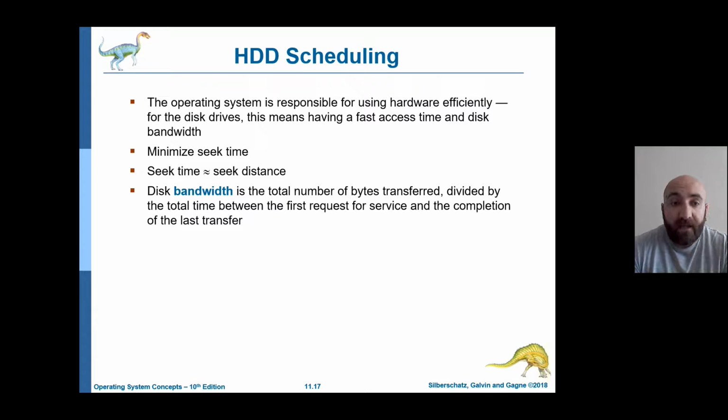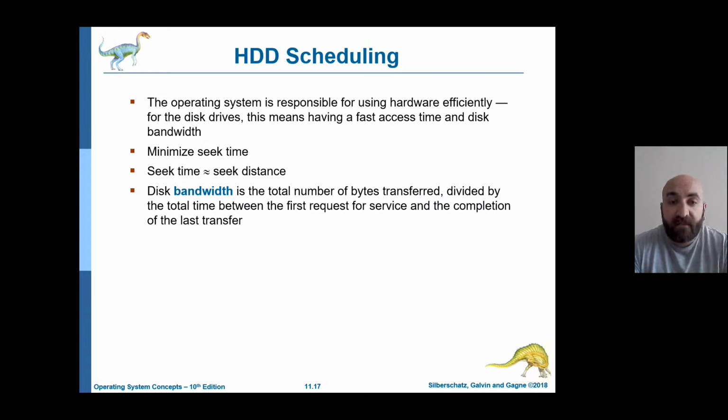For HDDs and other mechanical storage devices that use platters, access time has two major components. The seek time is the time for the device arm to move the heads to the cylinder containing the desired sector, and the rotational latency is the additional time for the platter to rotate the desired sector to the head.